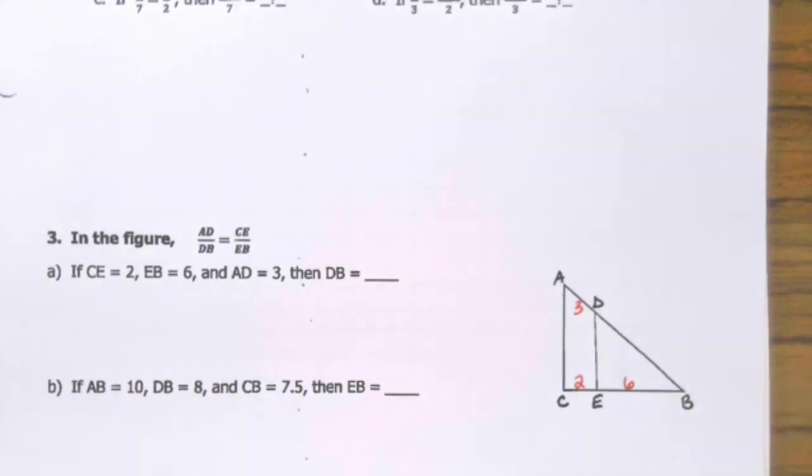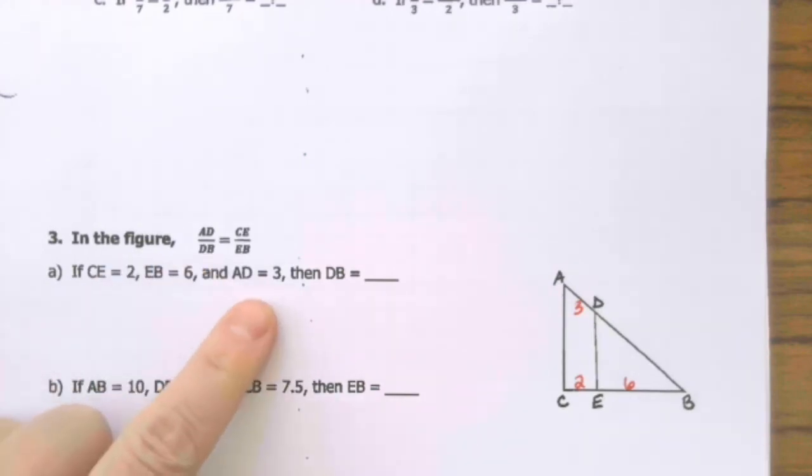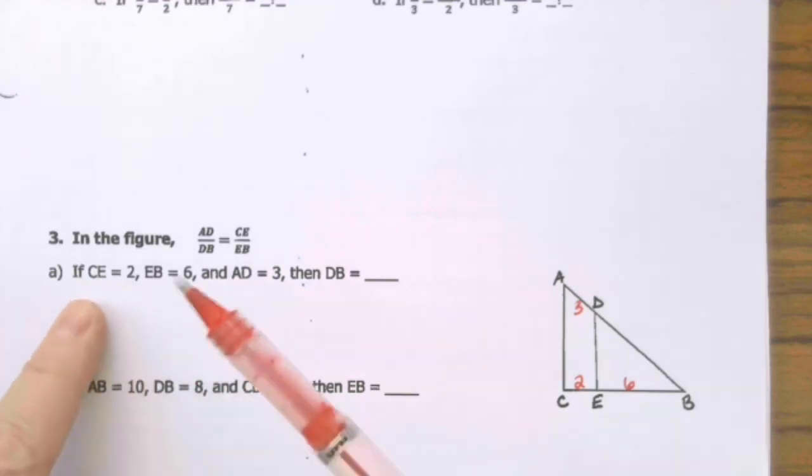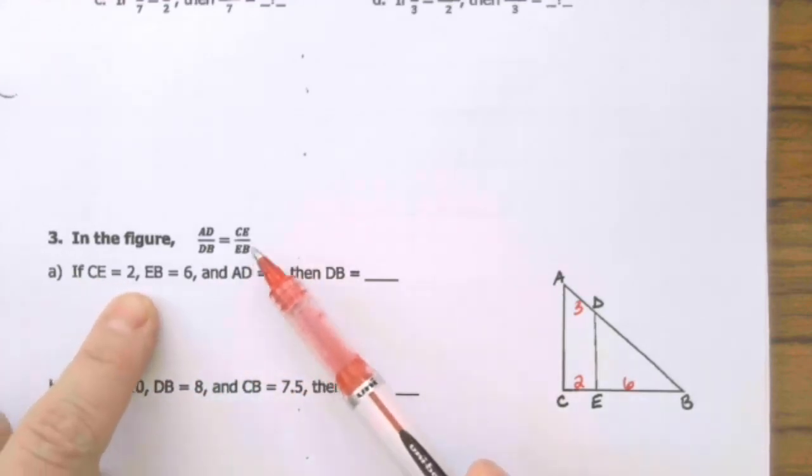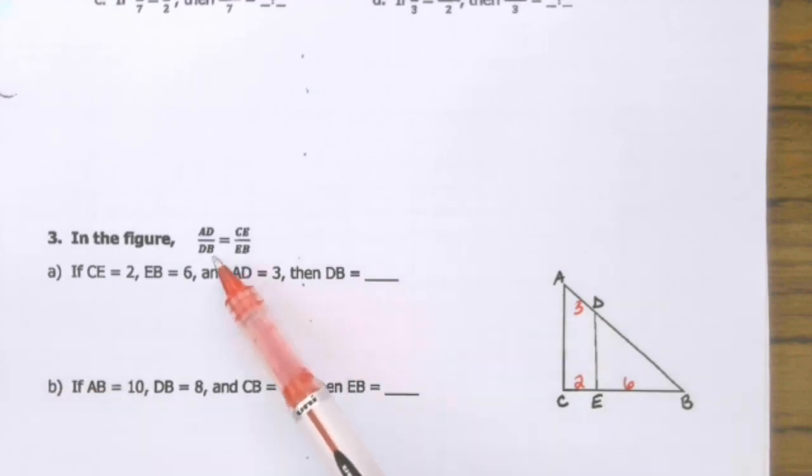Okay, so the way you figure these out is, if they give you the ratio, using the ratio. So I've got CE, EB, AD, DB. I pretty much have the ratios here that I need, so I can just put the numbers in.